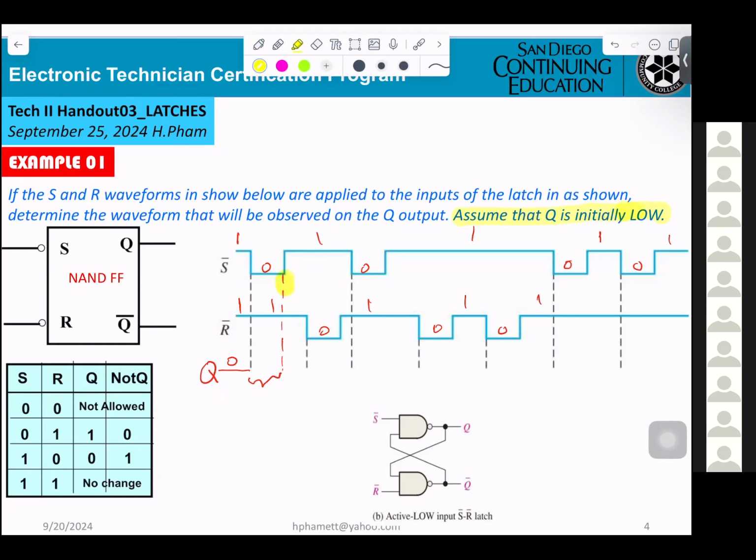You see it right here. S 0, R 1, Q equals 1. We don't care about not Q. So Q equals 1.